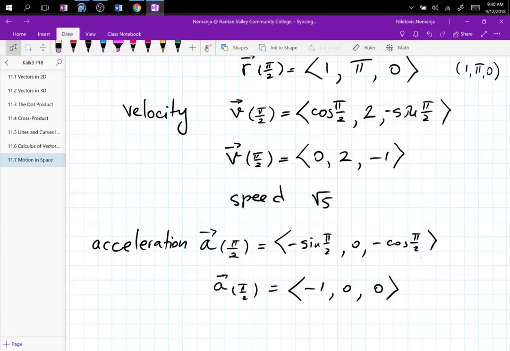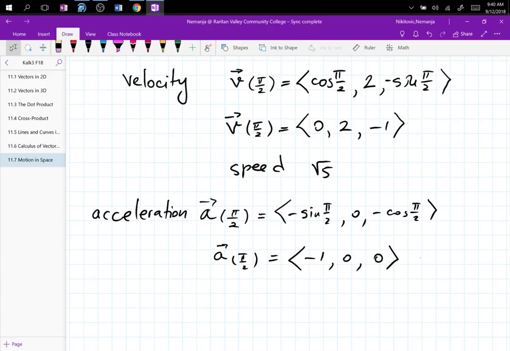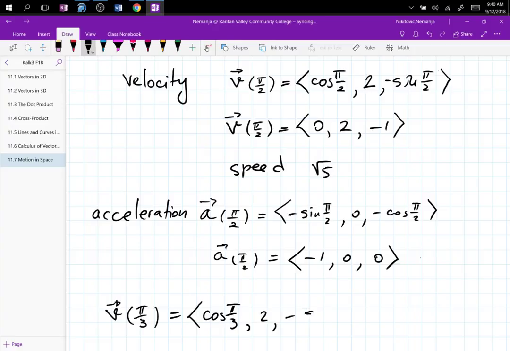Now, let's just exercise the demon over here and say, how about velocity at pi over 3? Why do I want to calculate that? Now, let's see. So what's cosine of pi over 3, and then 2, and then negative sine of pi over 3.